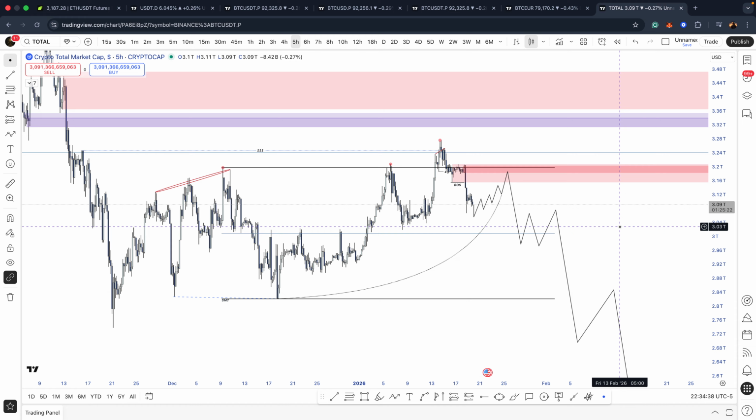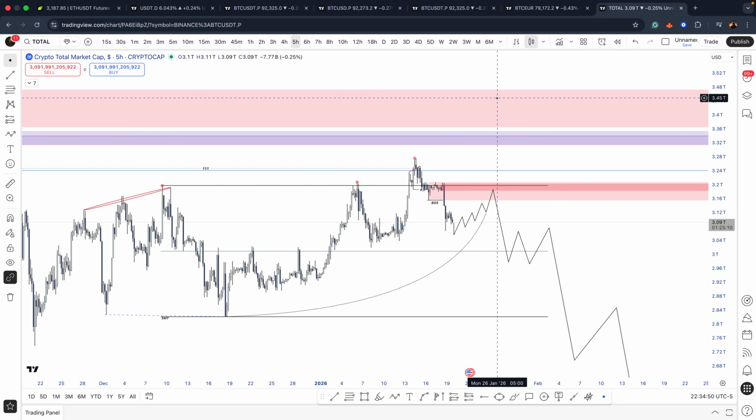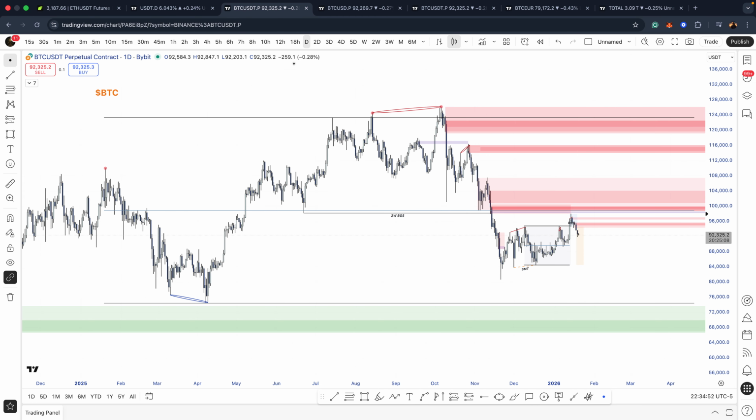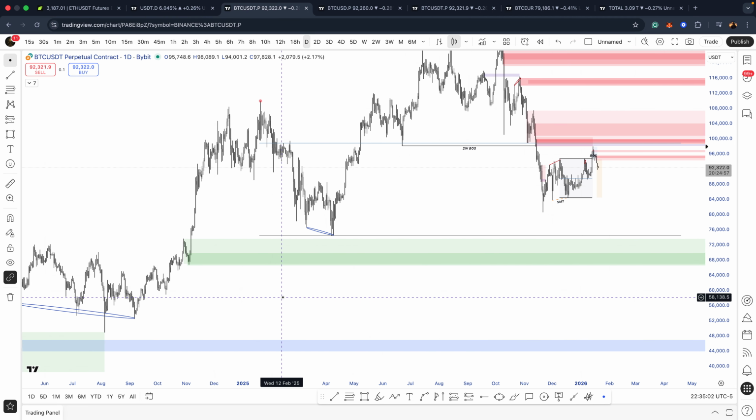I am just presenting the data as I see it, and I would bet on this scenario playing out rather than a breakout to the upside per se, when we have all this supply up here anyways on every chart, and with everything pointing to coming to this technical target right here, and then potentially lower. We will see.